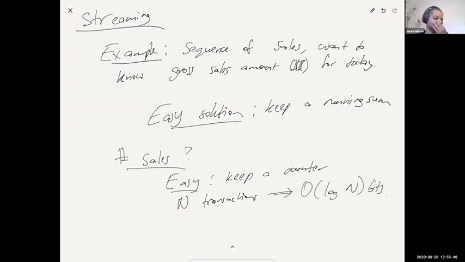So the first problem I want to look at is exactly this problem, which is just keeping a counter. And I want to show you that even there already there's something non-trivial. You can actually do better.